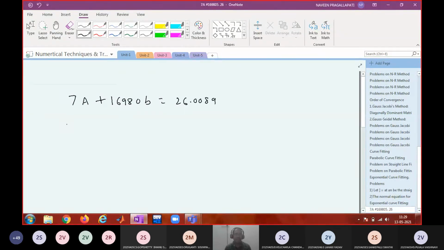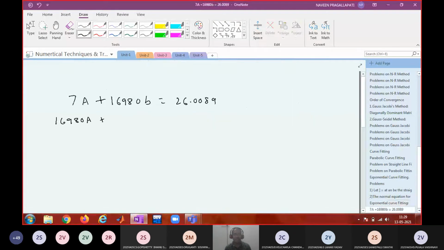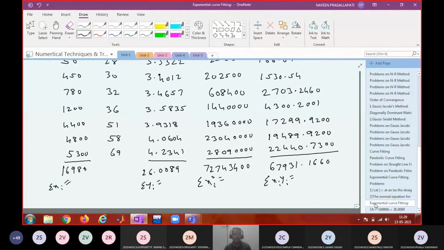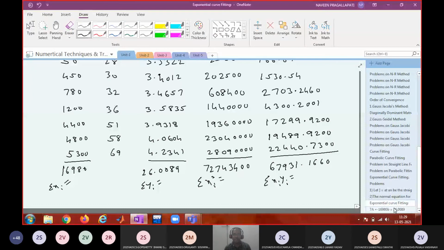And 16980 A plus sigma xi square, 7274340 B is equal to 67931.166.